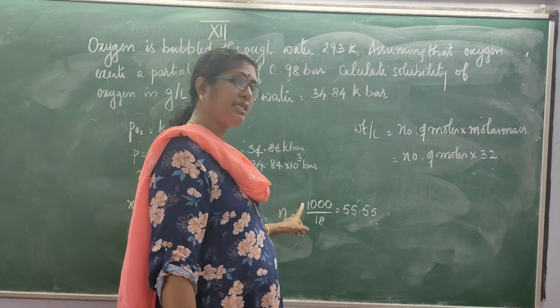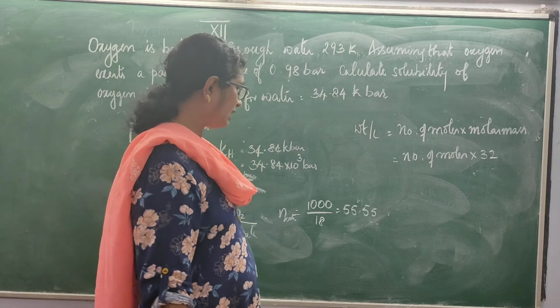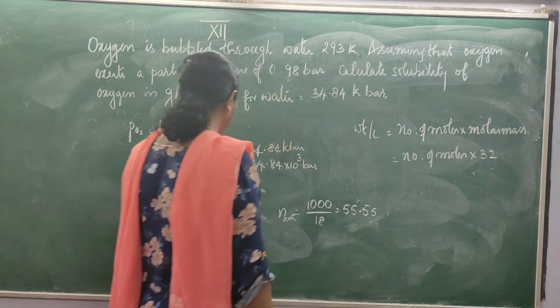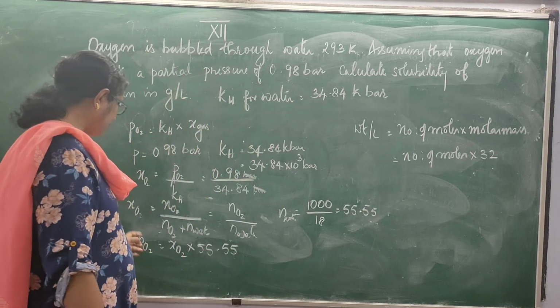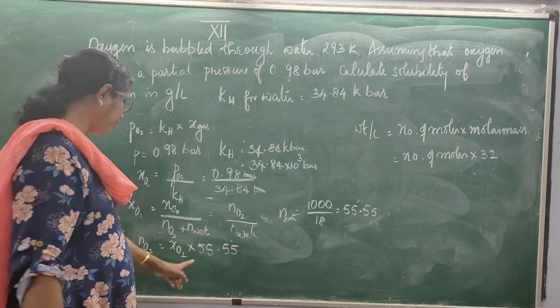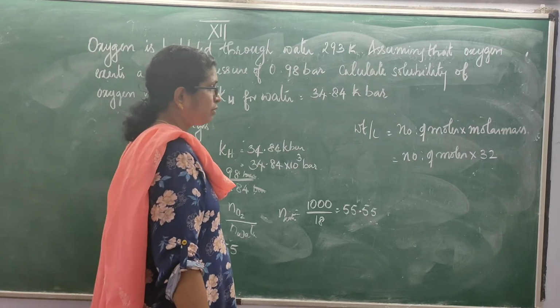So 1 liter means 1000 gram by 18 will give you the number of moles of water as 55.55. And what is now number of moles of oxygen? It is mole fraction of oxygen into number of moles of water, that is x of O2 into 55.55, which will give you number of moles of oxygen.